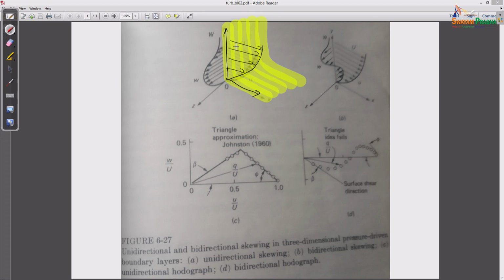This is the velocity profile in the x and y directions, for this 3D case. If you just look at x, y, you will be familiar with what we've done earlier. That is the u velocity, which is what we were looking at.